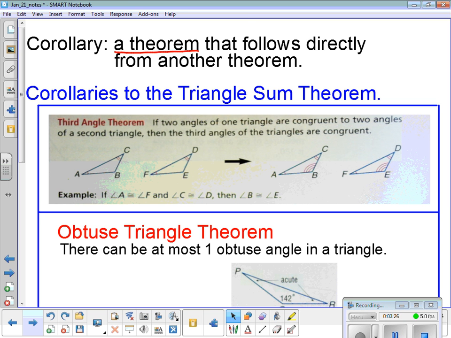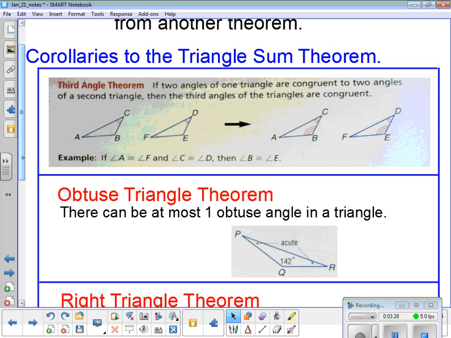The next, I call it the obtuse triangle theorem, is that there can only be at most one obtuse angle in a triangle. One. If I have one angle that's more than 90 degrees, I'm not going to be able to have another one in the triangle and still have it add up to 180. So that does follow from the triangle sum theorem.